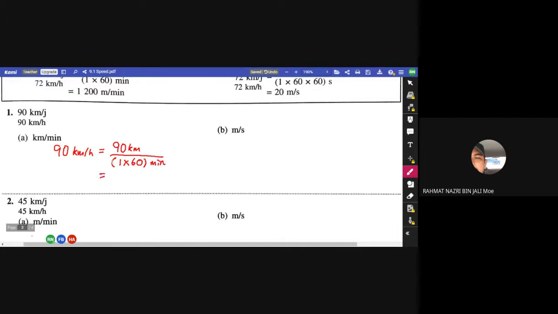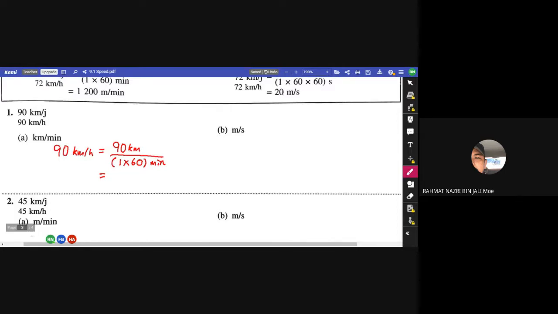Okay, after that, press your calculator. 90 divided by 60. What's your answer, class? Okay, we have 1.5 kilometer per minute.